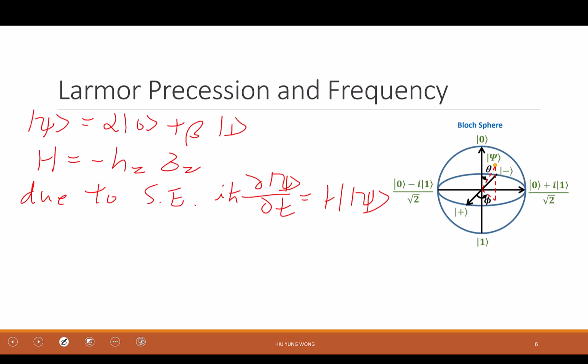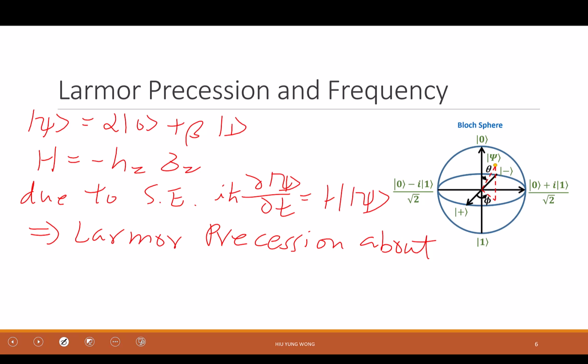Last time we derived that we have Larmor precession about the z axis. Do you remember this?